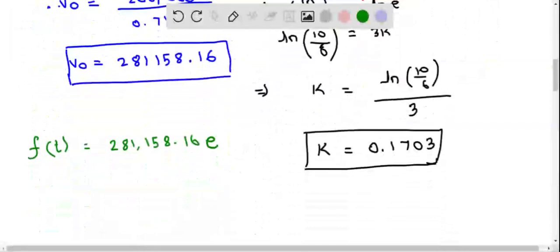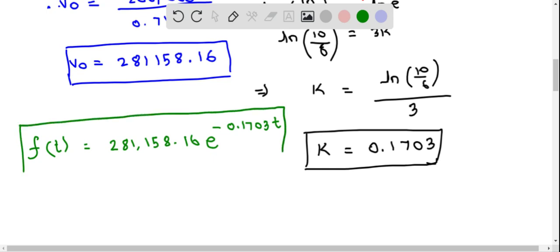So replace k with 0.1703. Therefore this will become minus 0.1703 times t. So this is the function f of t. We have now answered part B. Let's now answer part C.